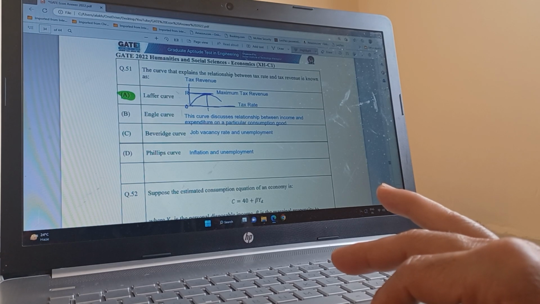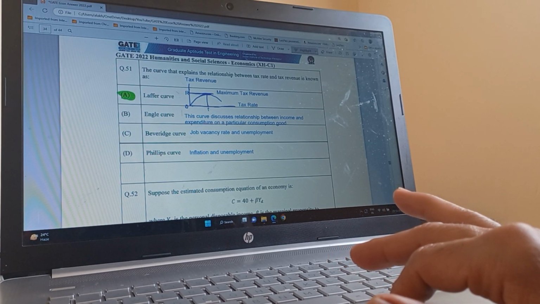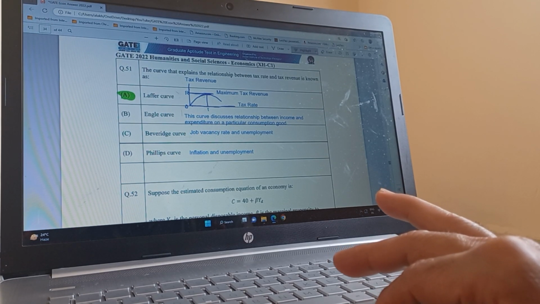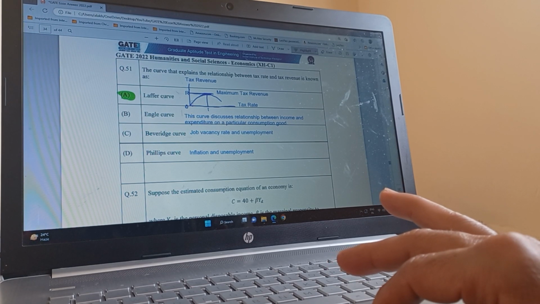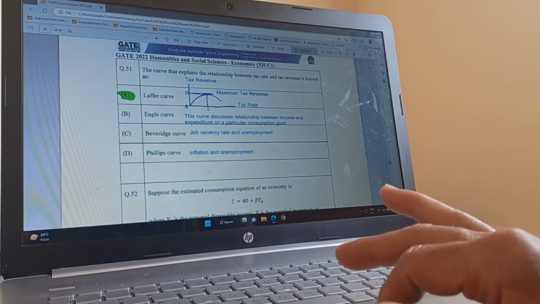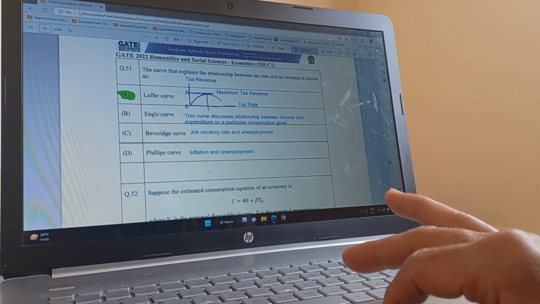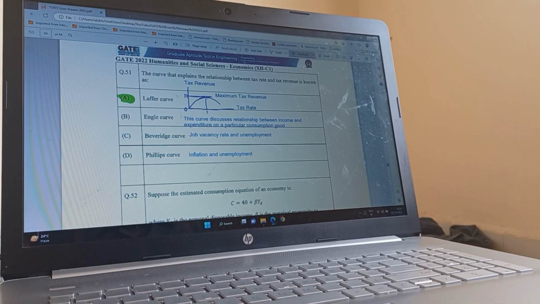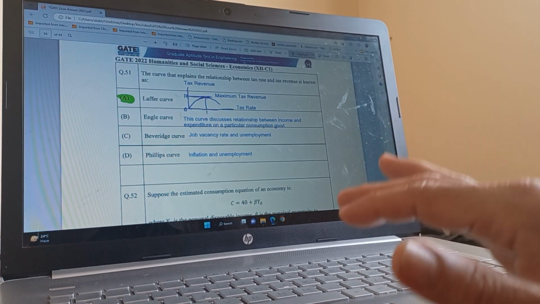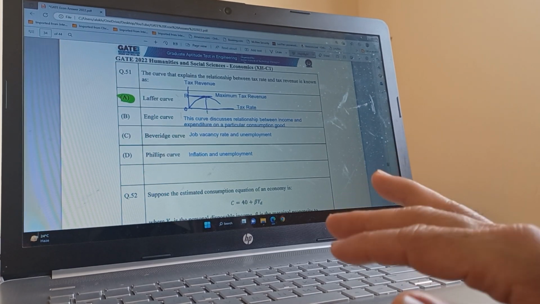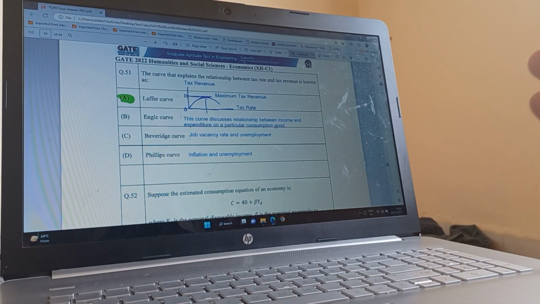So when taxes are increased from 0 to t, up to a point, there is better tax compliance, there is better economic activity, and tax revenue increases. But when it reaches this optimal rate, people start not working, because they say, well, all or most of my income is taken away by the government, so what is the point in working? And that is the situation in India right now.